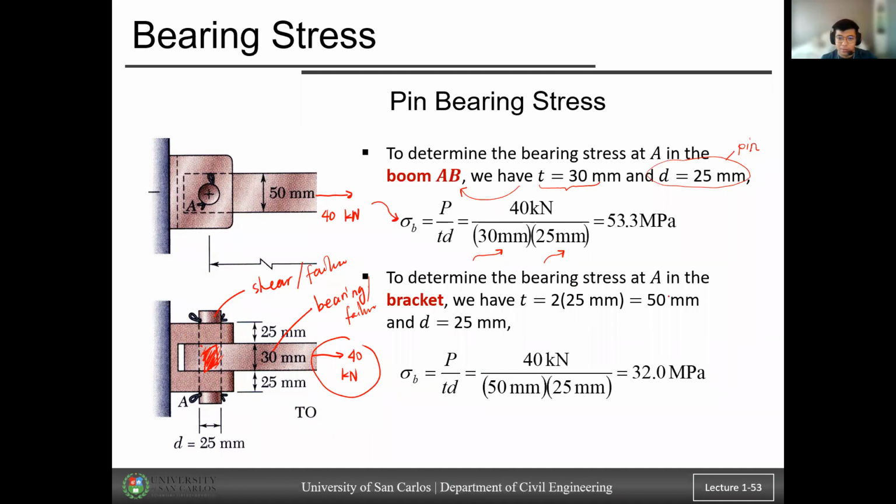Okay, so determine the bearing stress at A in the bracket. So this one is the bracket. Our thickness is twice 25 mm because this one is the area now.